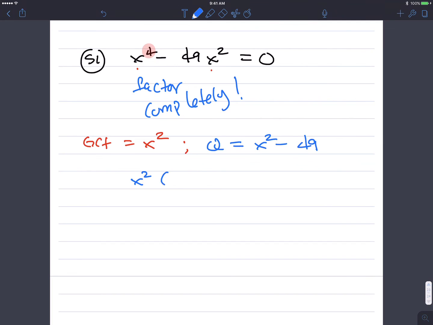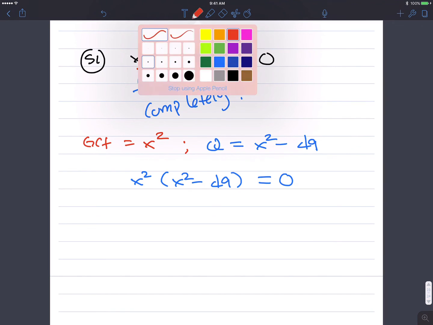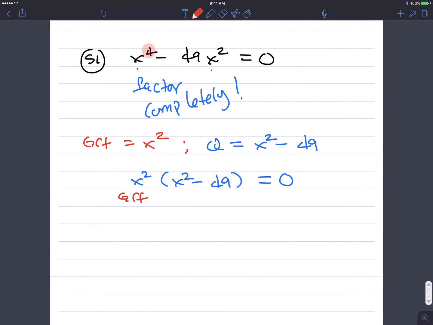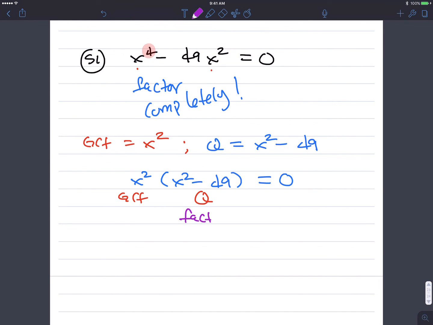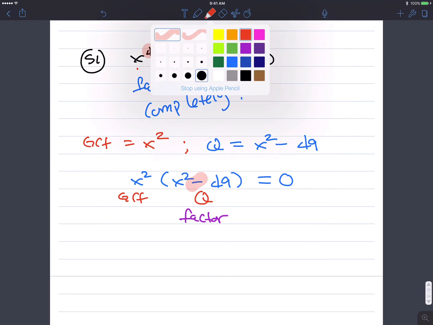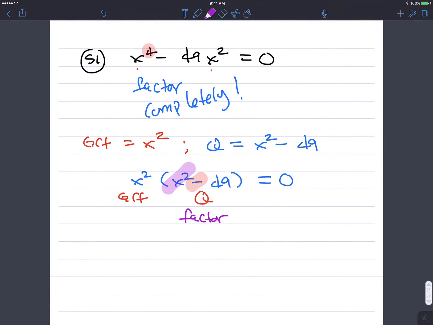I write this as greatest common factor times a quotient, and that equals 0. Let's emphasize. GCF, quotient. What am I supposed to do with this quotient? Right, we're going to factor our quotient. We have a difference of perfect squares.